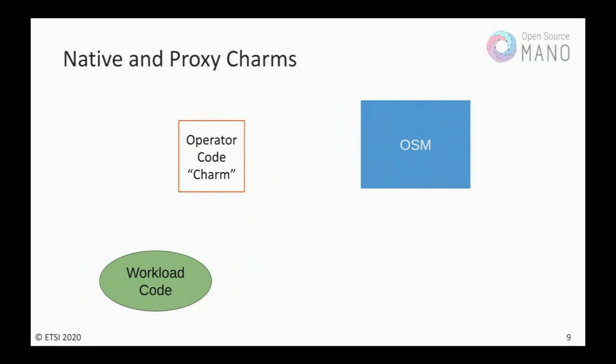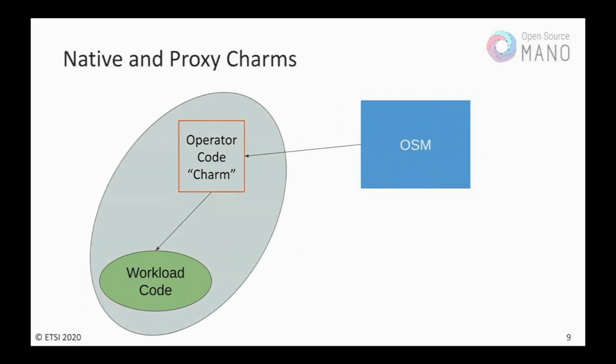Sometimes the workload can be modified, and sometimes it cannot be modified. When the workload can be modified, this third part, the operator code or the charm, can be in the same machine as the workload code. So basically, you will have the operator code and the workload code in the same machine.